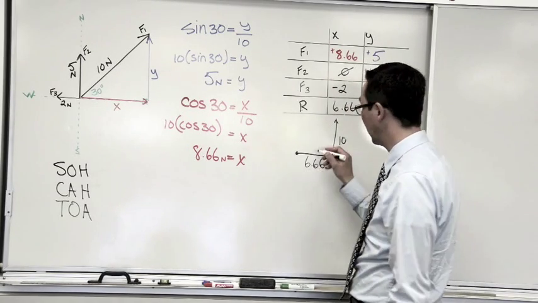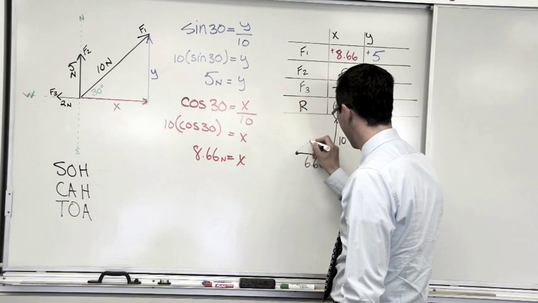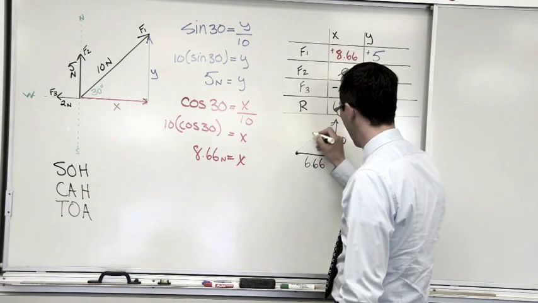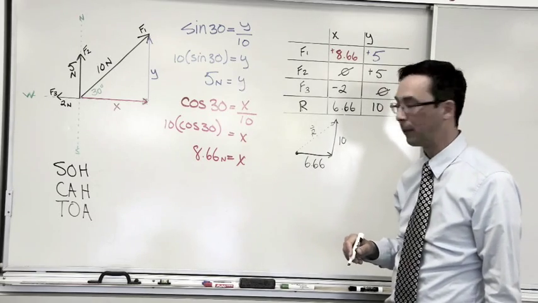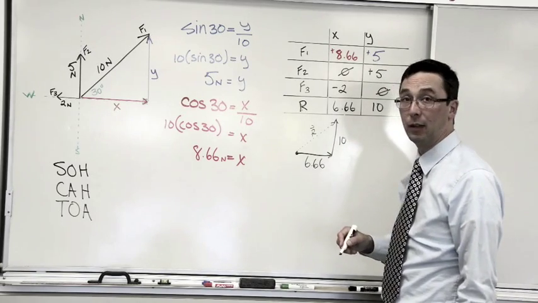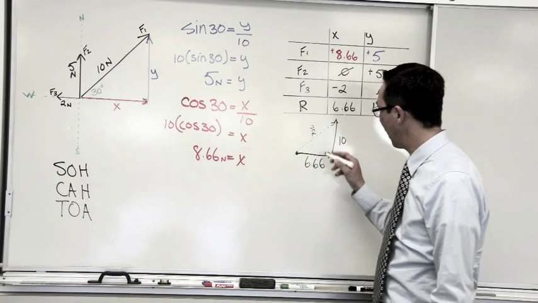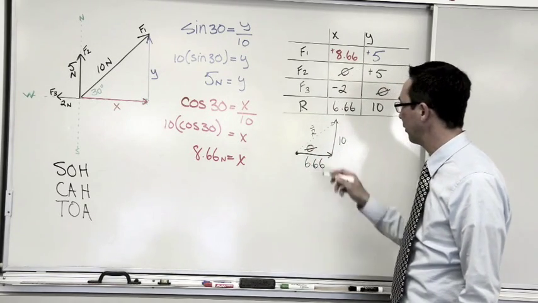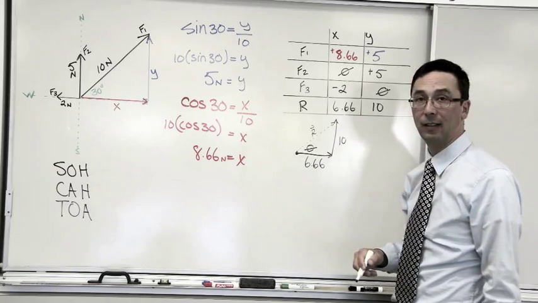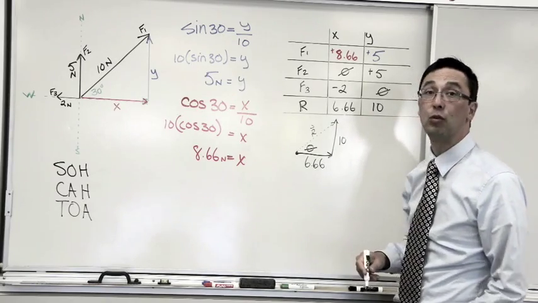And my resultant would have to be this. Let's find that resultant vector. We can do that using the Pythagorean theorem, and we can solve for this angle here, which would give the direction of that resultant vector, using trig.